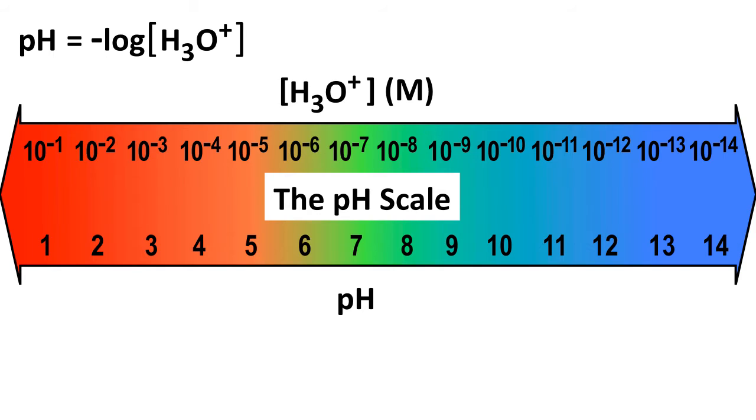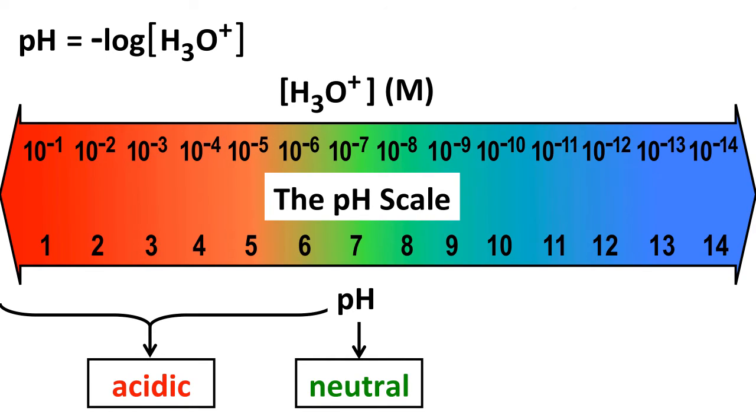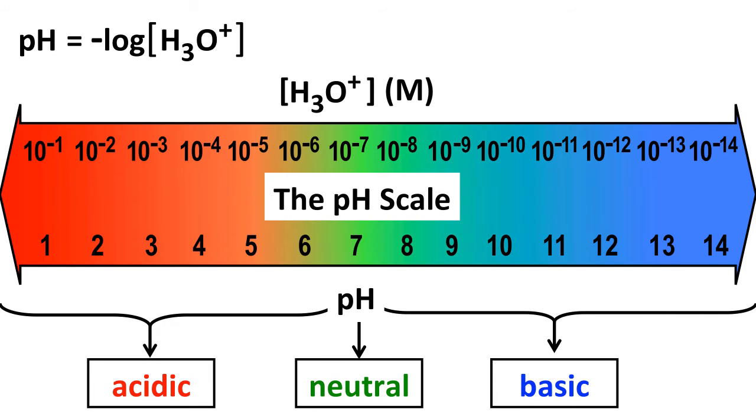On the pH scale, we've made it into a scale that looks linear, but it's really not. pH of 7 is neutral, and pH below 7 is acidic. The lower it is, the more acidic it is. And a pH above 7 is a basic solution, and the higher above 7 it is, the more basic the solution.